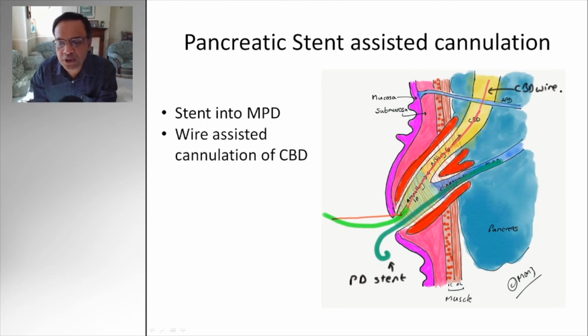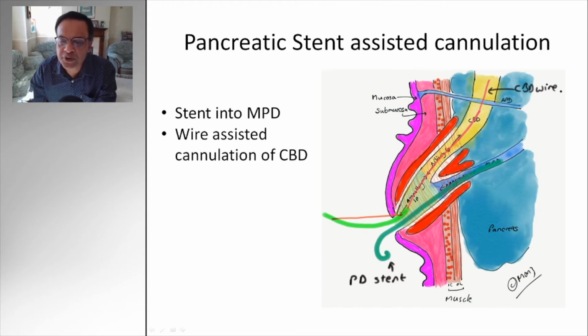A variation of the pancreatic guidewire technique is the use of a pancreatic stent assisted cannulation. Instead of leaving the wire in the pancreatic duct, we place a pancreatic duct stent and then remove the wire. We then use a sphincterotomy with or without a wire to achieve common bile duct cannulation.